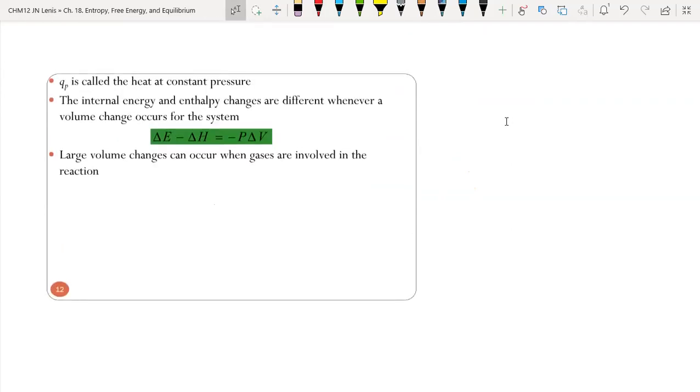So in general, we can say that the internal energy of the system minus the enthalpy equals negative work, negative P delta V. And this is especially valid when the reaction is producing gases, because then we have an expansion or pressure change in the system.